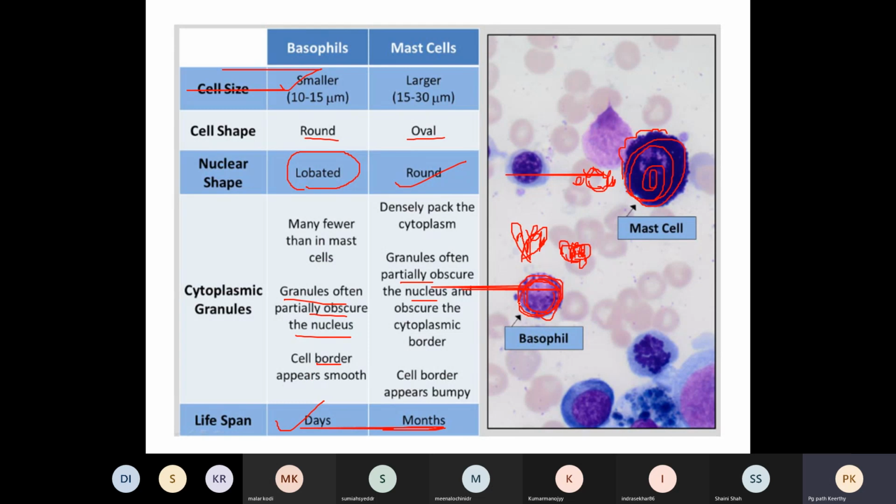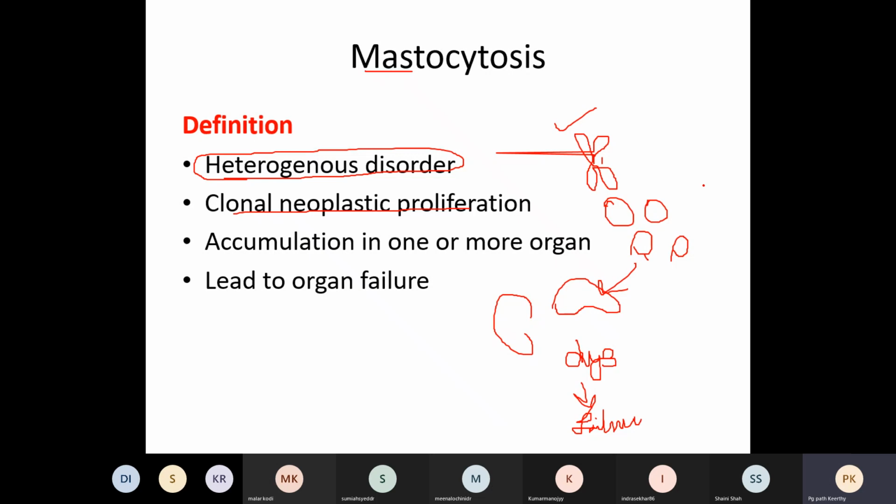The border will be smooth in basophils and a little bit bumpy in mast cells. Basophils stay for days whereas mast cells stay for a month. And remember, basophils are released as mature ones into the blood, whereas mast cells are released as immature ones, and their maturation happens only in the tissues.